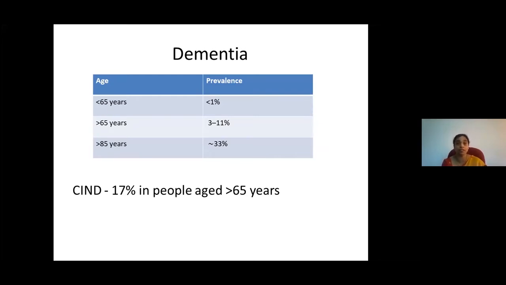So you can understand the importance of the assessment and diagnosis of dementia when we need to make a shared care plan for their further management as age advances. And cognitive impairment, not dementia, carries a 17% prevalence when people are more than 65 years of age.